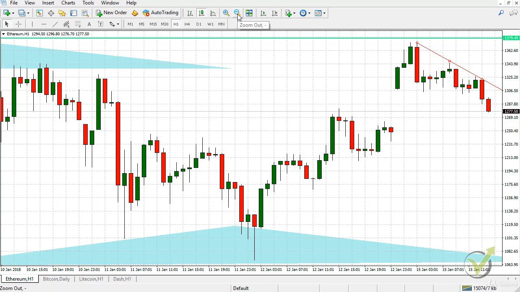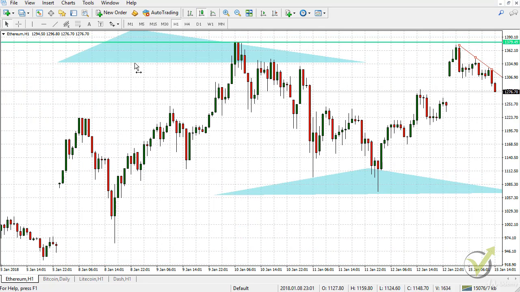Now obviously if I just zoom out a little bit, you can see that this is already an aggressive counter trend line, because the counter trend line would be this one over here connecting this record high that we have and the most recent one. But this is nearly a support and resistance. You can see it's very close to a horizontal line.